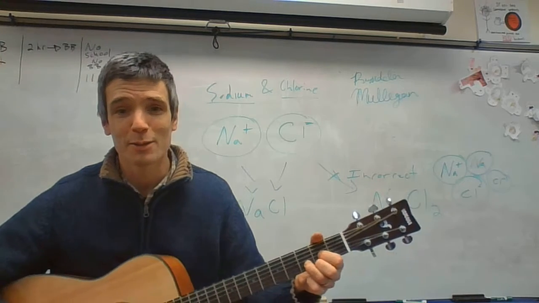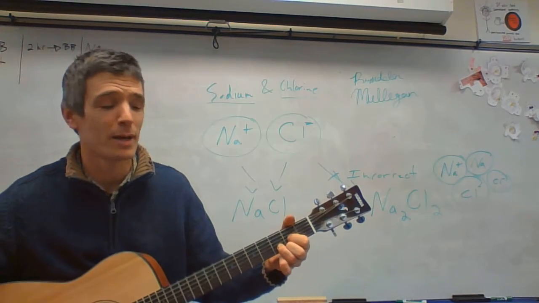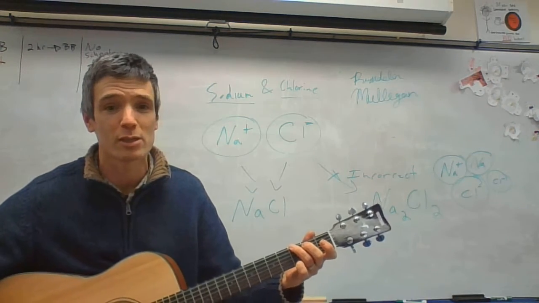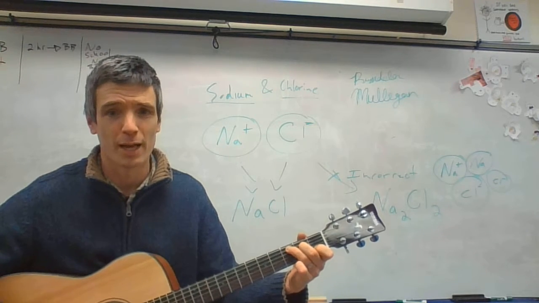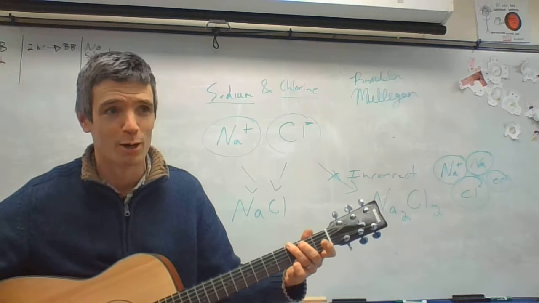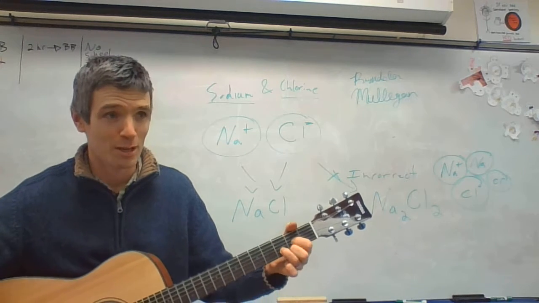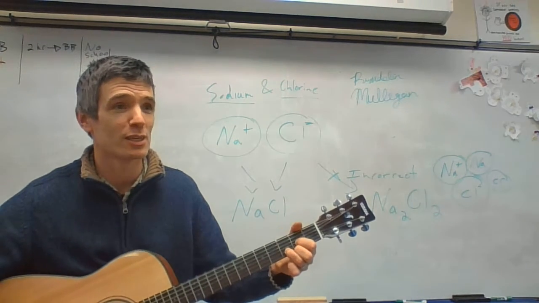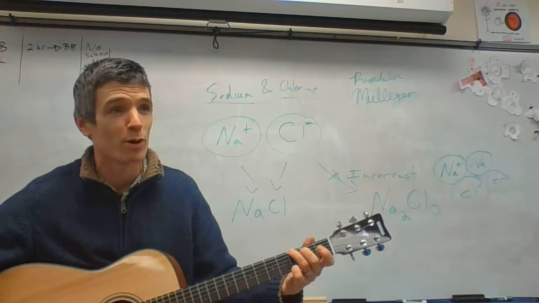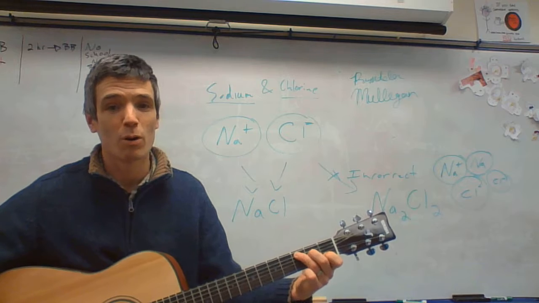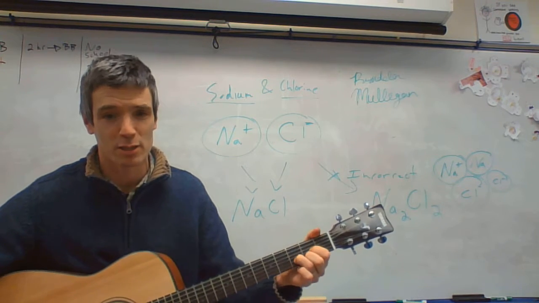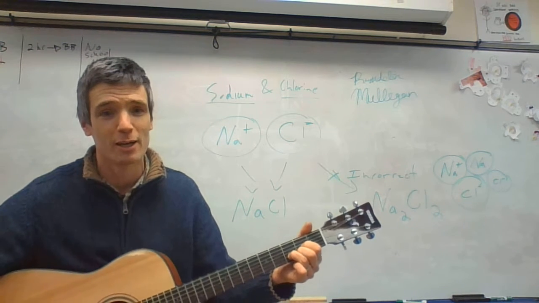The one on the board is sodium and chlorine. You see, sodium is in group 1, it has a +1 charge. Chlorine is in group 17, it has a -1 charge. Together you only need one of each, so the formula is NaCl.